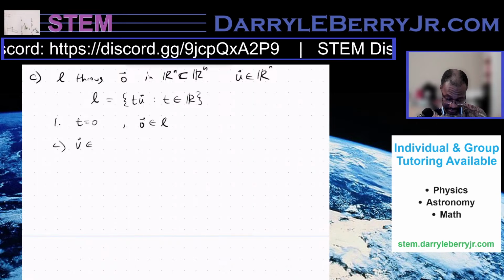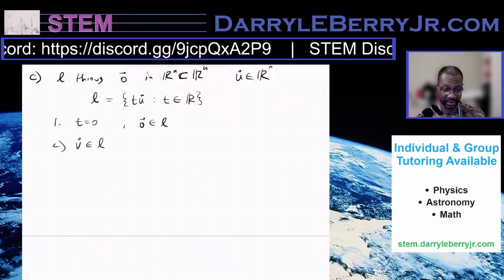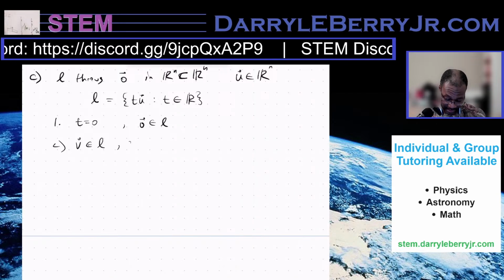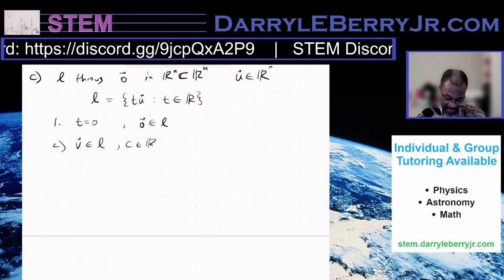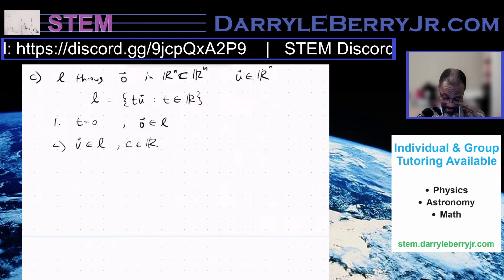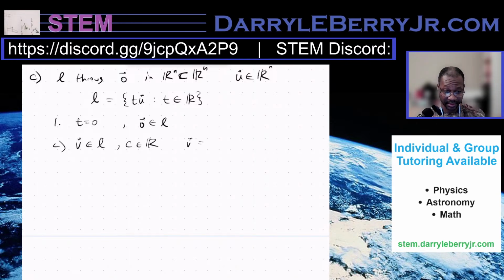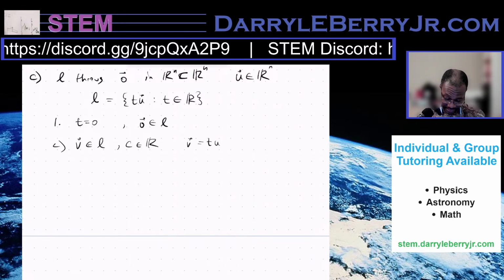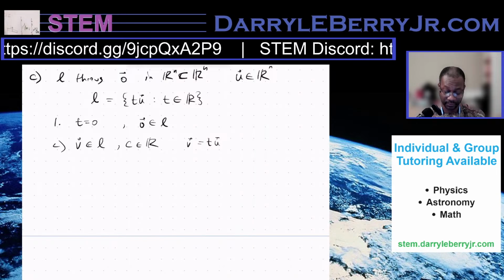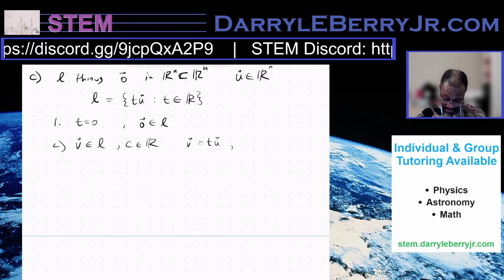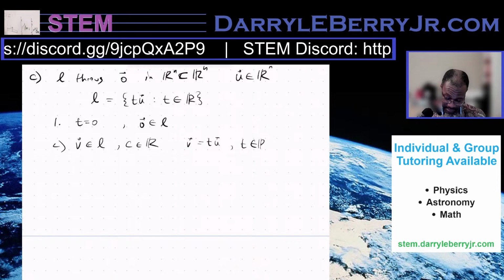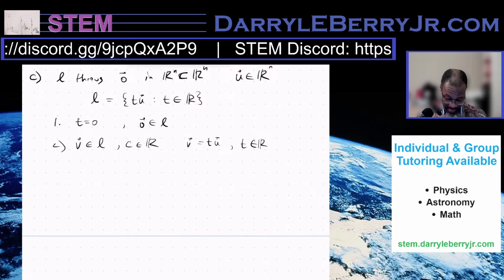Two, V is within the line, and C is a real number. So that means V equals TU, and T is also a real number.